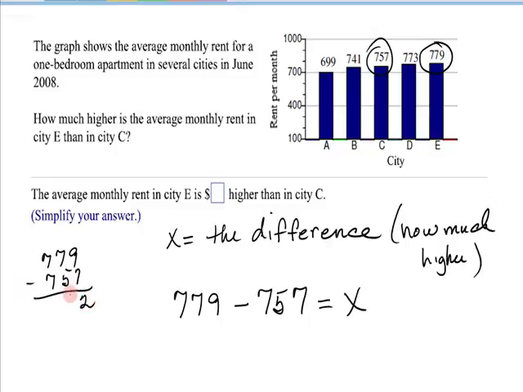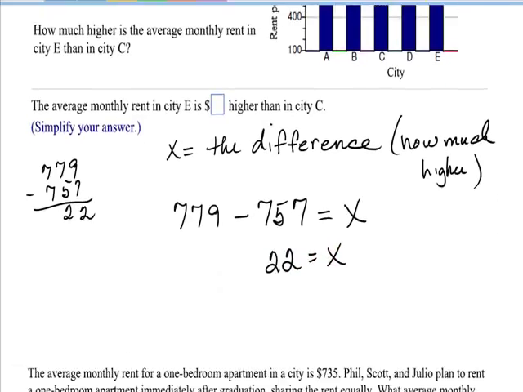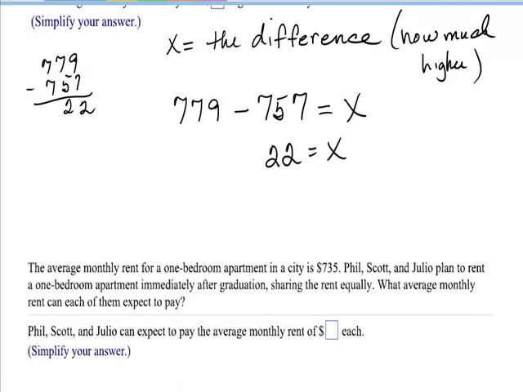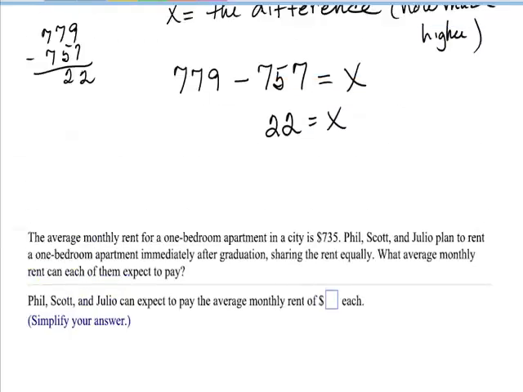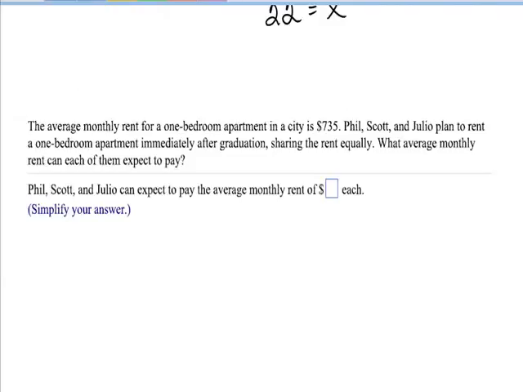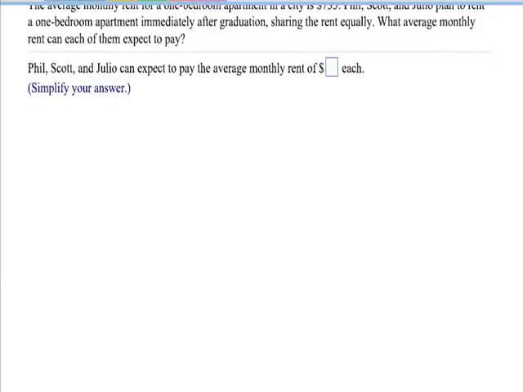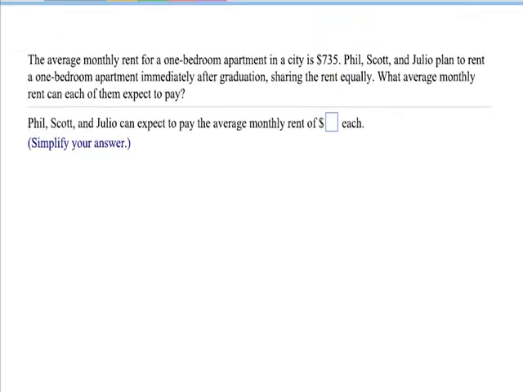That's 2. That's 2. It looks like 22 is the difference, and that's money. It is $22 higher in E than it is in C.